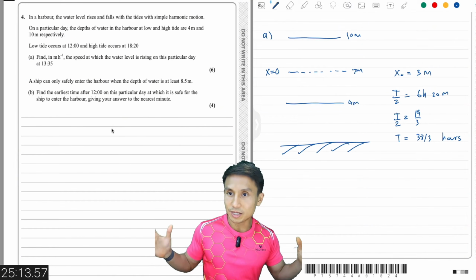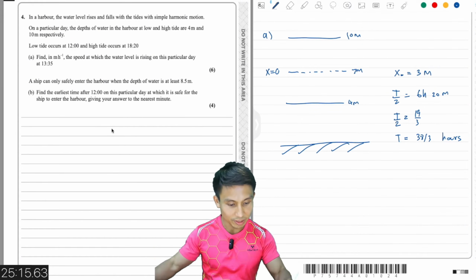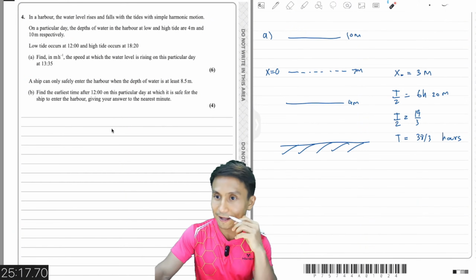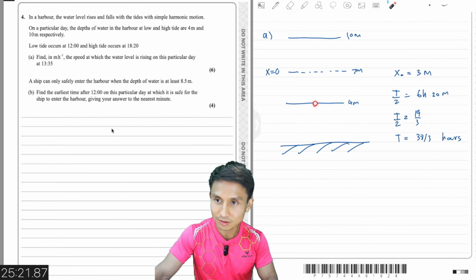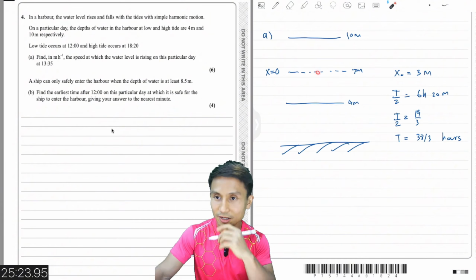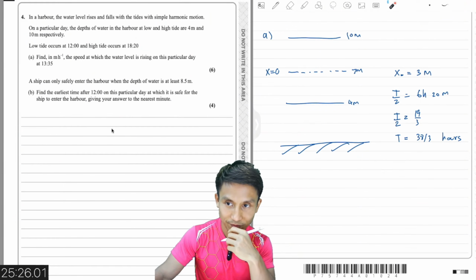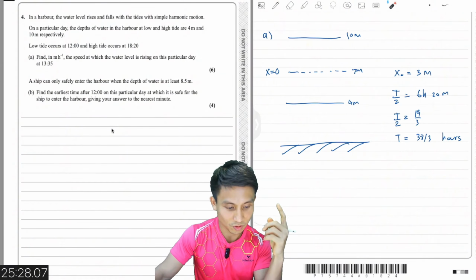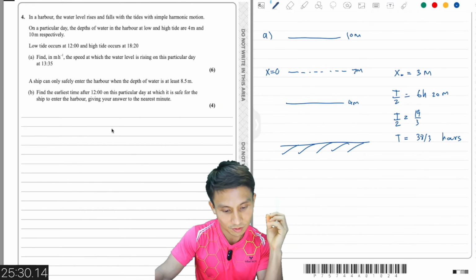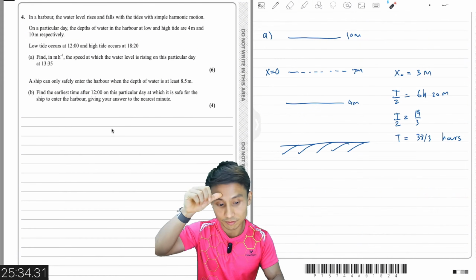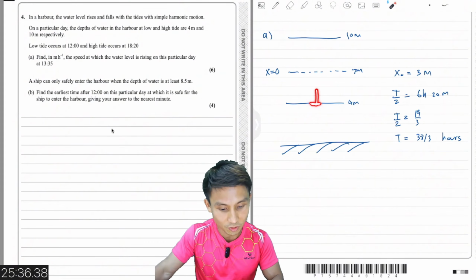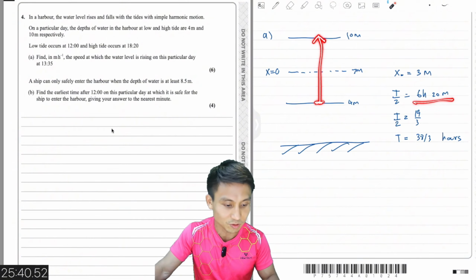Well, if we form the simple harmonic equation, let's say we start here. Actually, I prefer to start here, but hang on. So low tide going to high tide is 6 hours 20 minutes.